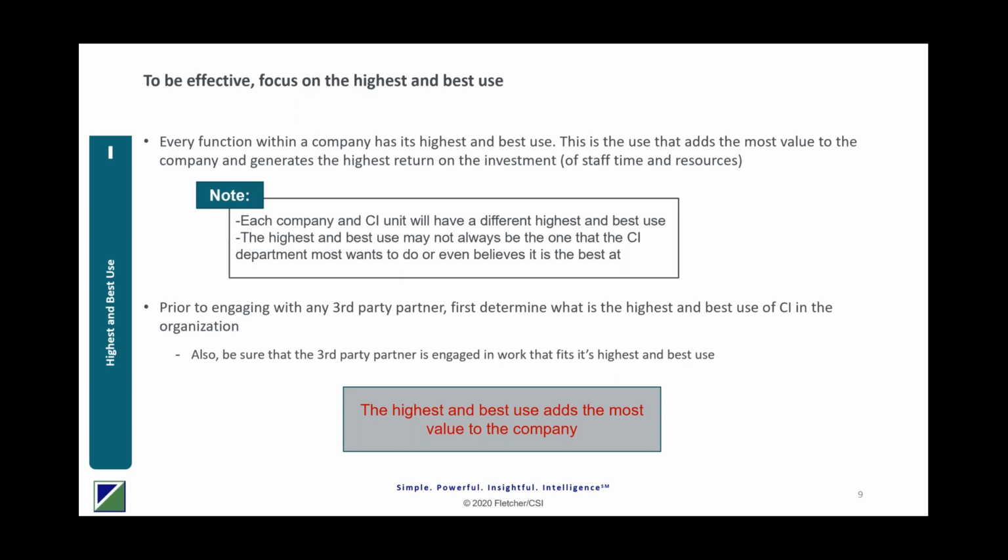So before you even start to look at a third-party partner, you need to understand what is the best thing that your CI unit can do. And this is important because once you know what it is that your unit is best valued for, the greatest value you deliver, this will help you to understand what you should keep in-house and what should be outsourced.